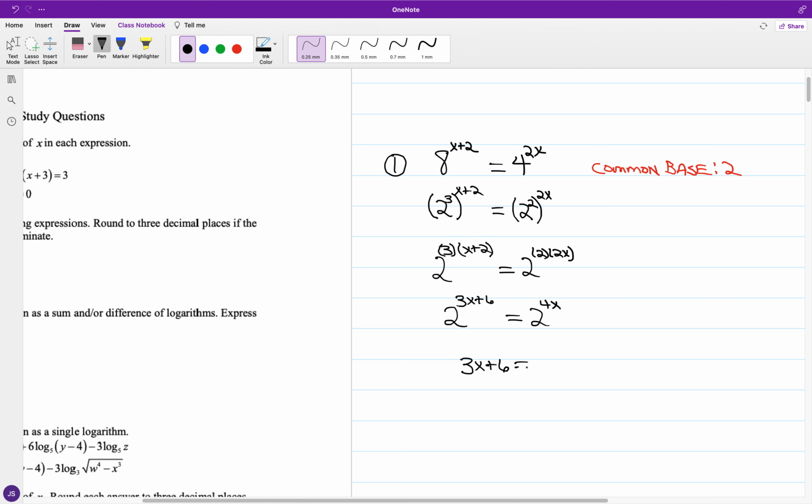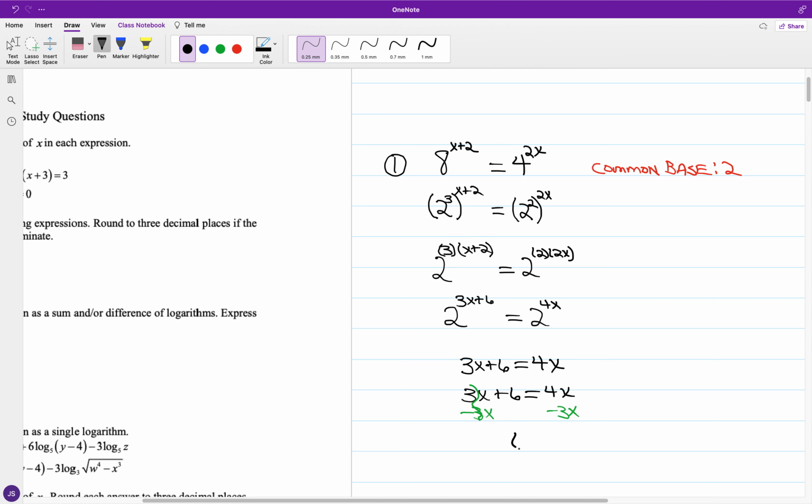So we have that 3x plus 6 is equal to 4x, and with 4x by itself on the right, I can just move the 3x over, taking 3x away.